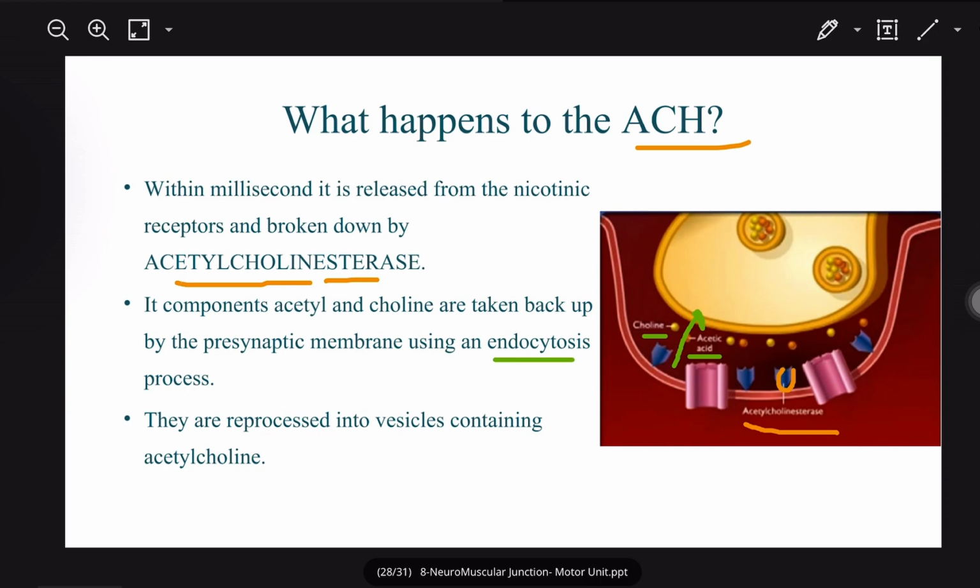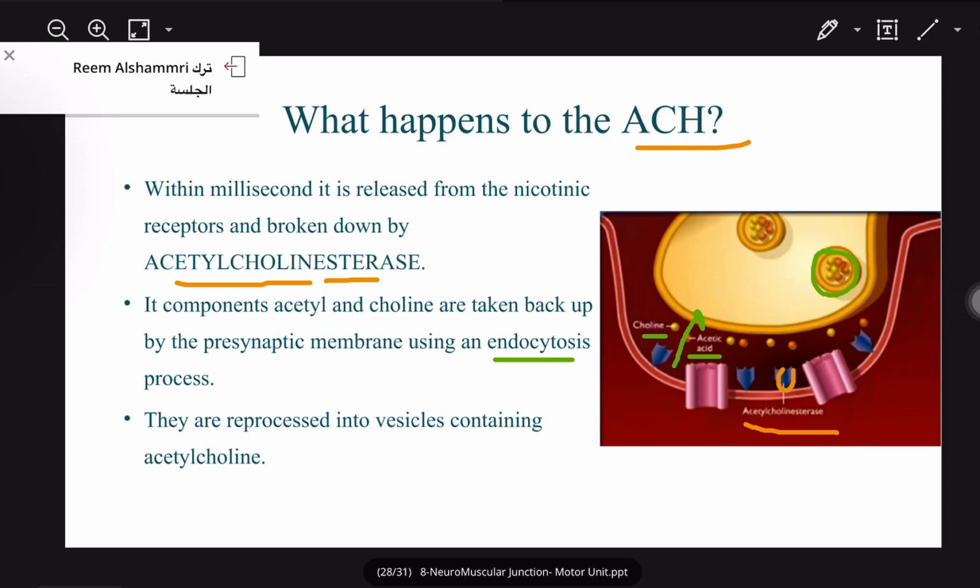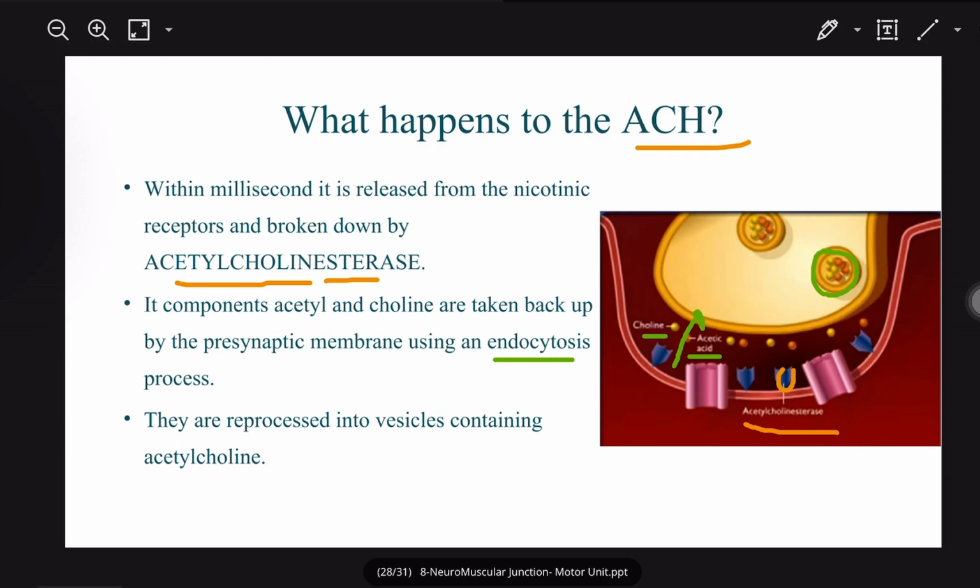They will diffuse back and stay in these vesicles, like small spots. So you have to know what breaks them down, which is acetylcholinesterase, and then how they break down into choline and acetic acid, and what the process is that brings them back into the presynaptic membrane. It's endocytosis.